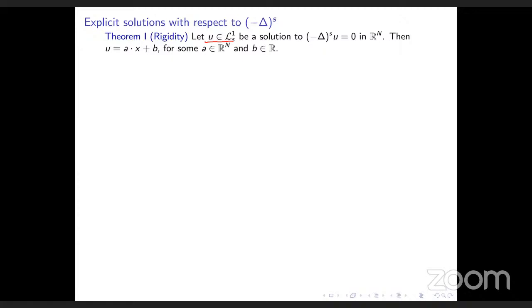Because u is a tempered distribution, you can simply consider the Fourier transform and invert the operator in order to obtain that.